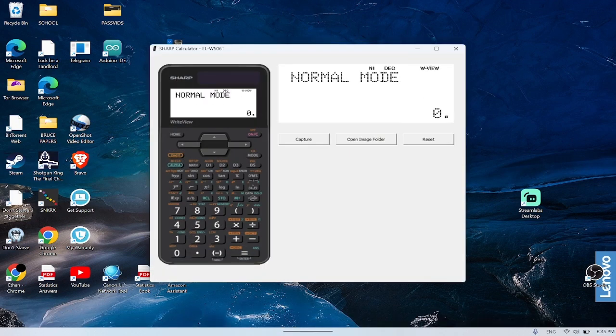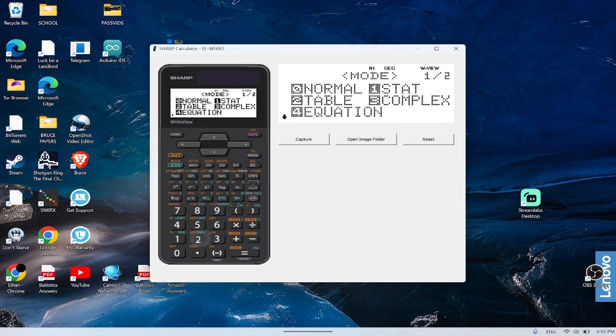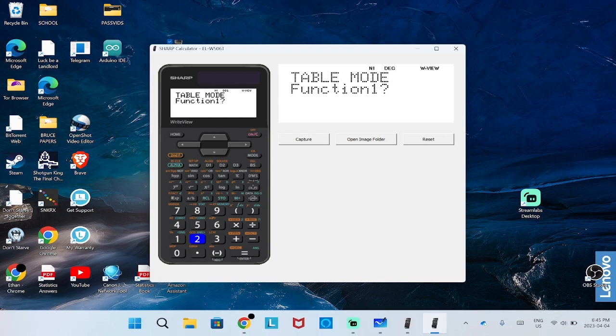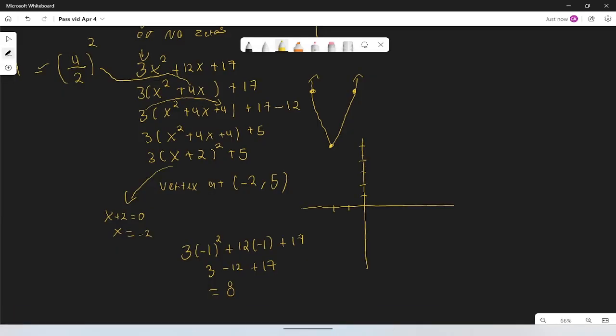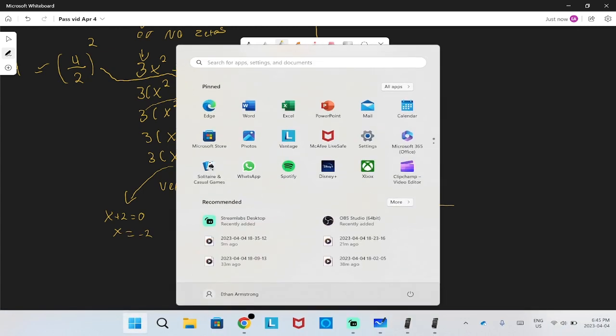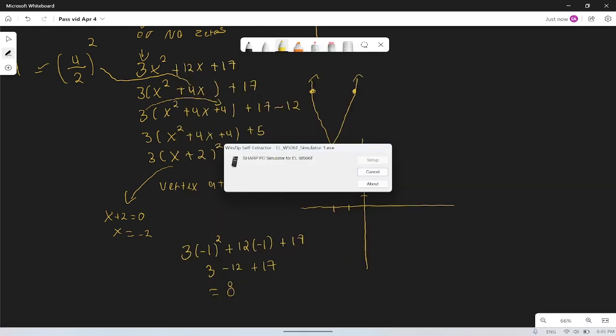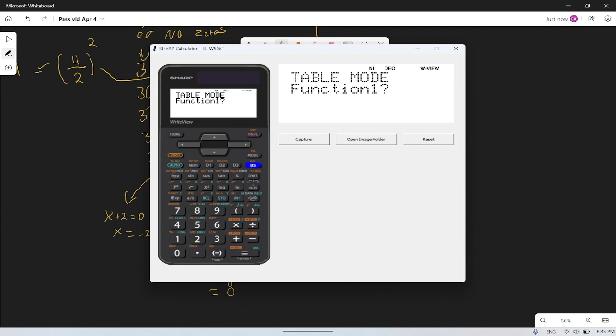So we go to mode, table. I already forget what it was. 3, 12, 17. So we have 3 alpha x squared plus 12x, you hit that alpha button twice, and then plus 17.